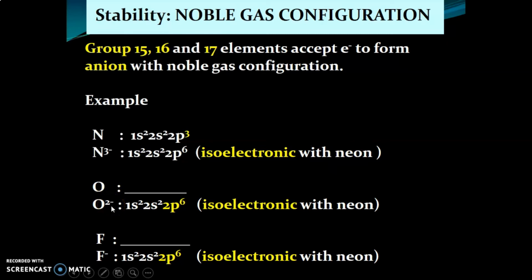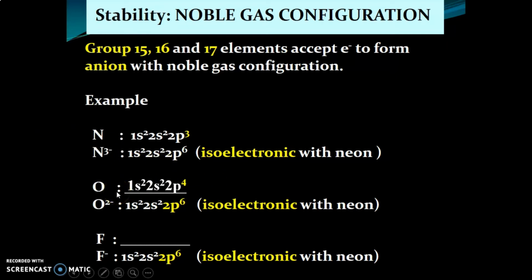Okay, the oxygen ion is also isoelectronic with neon. So what is the electronic configuration for the oxygen atom? The electronic configuration for the oxygen atom is 1s2, 2s2, 2p4.